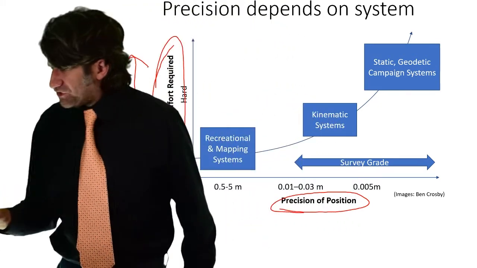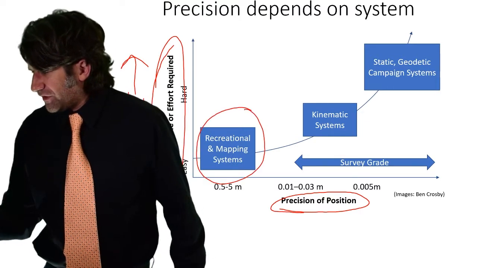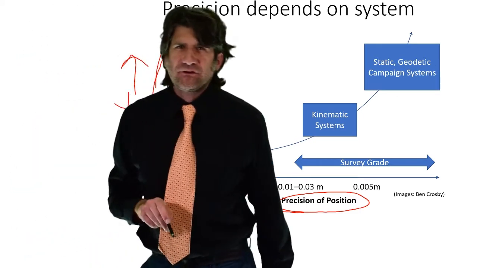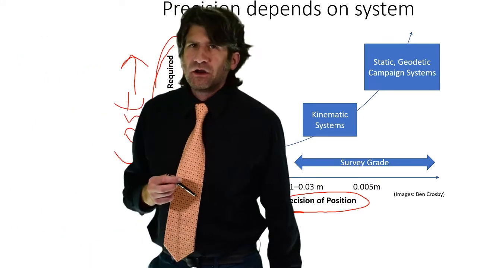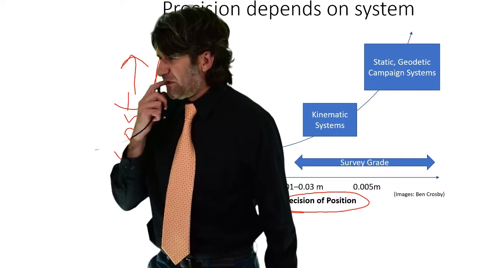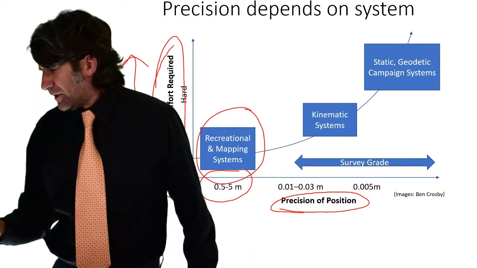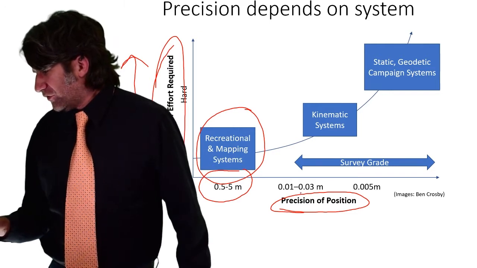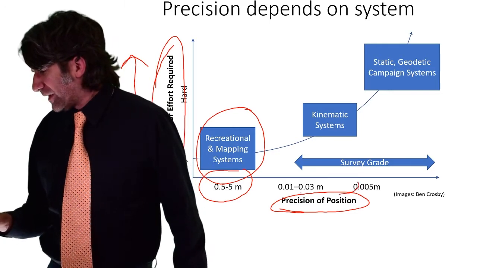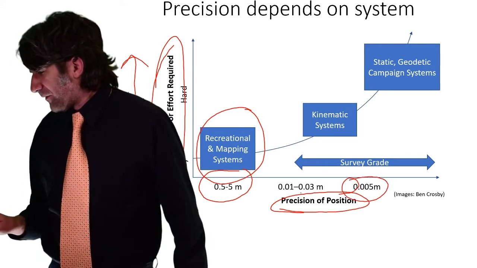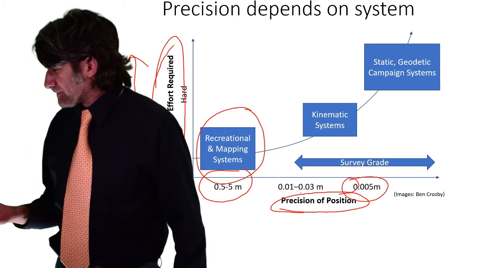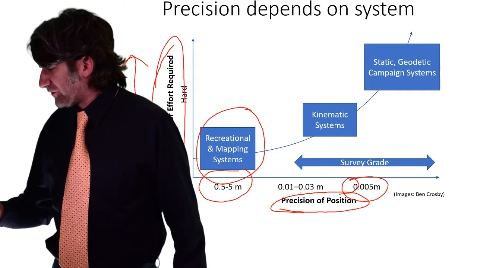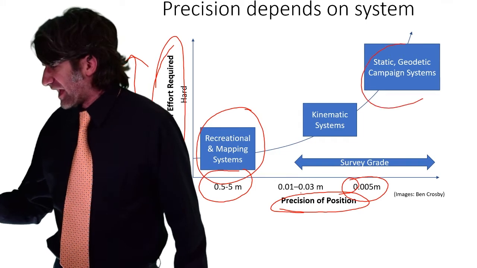So generally, the recreational GPS, the ones you have in your phone, at best, those are going to be half a meter in accuracy, maybe a little bit better, but generally about half a meter. And then survey grade GPS is going to get you down to 10 centimeters, to maybe all the way down to about half a millimeter, or millimeter scale accuracy, I should say, if we're using what's called static campaigns.